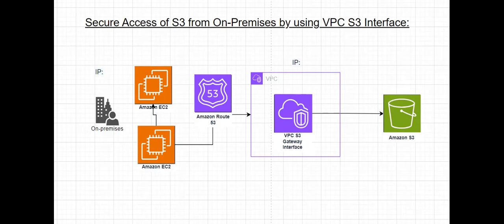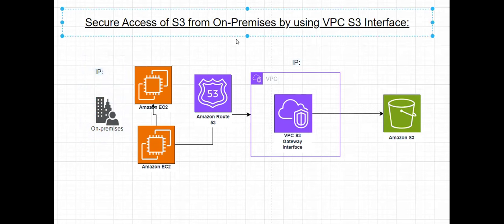So first I log into my AWS management console. For this lab, I've already created two VPCs: one VPC to represent our on-premise data center, and another VPC to represent our VPC cloud. So first I want to show you those two things.